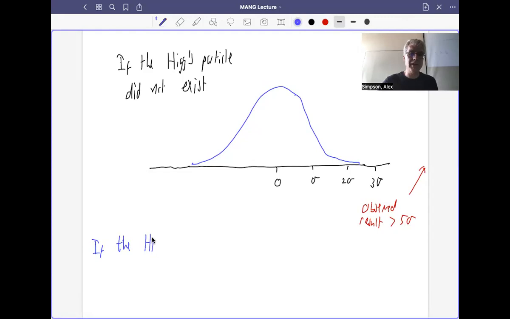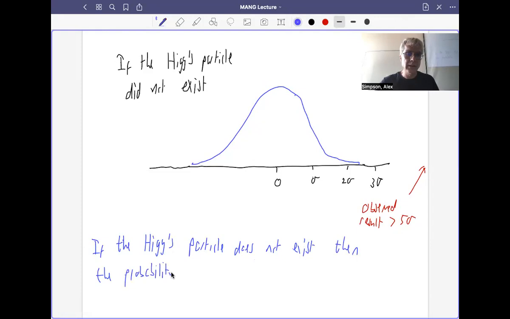so if the Higgs particle does not exist, then the probability of getting the observed result, well, as you can see, it's way off the picture.